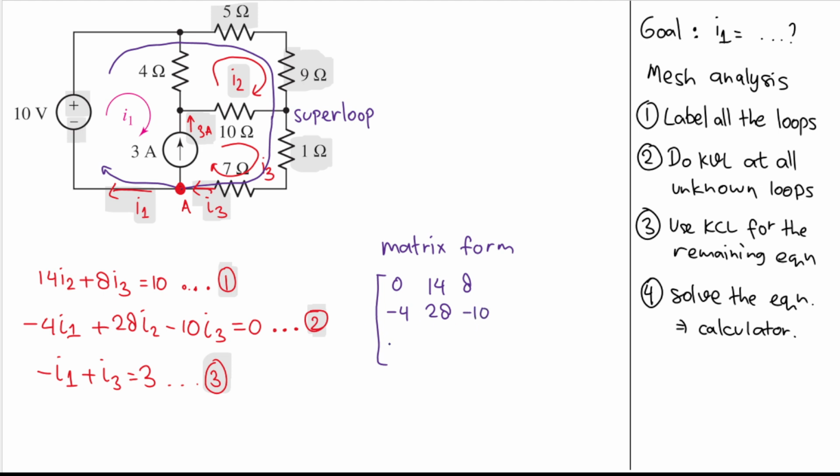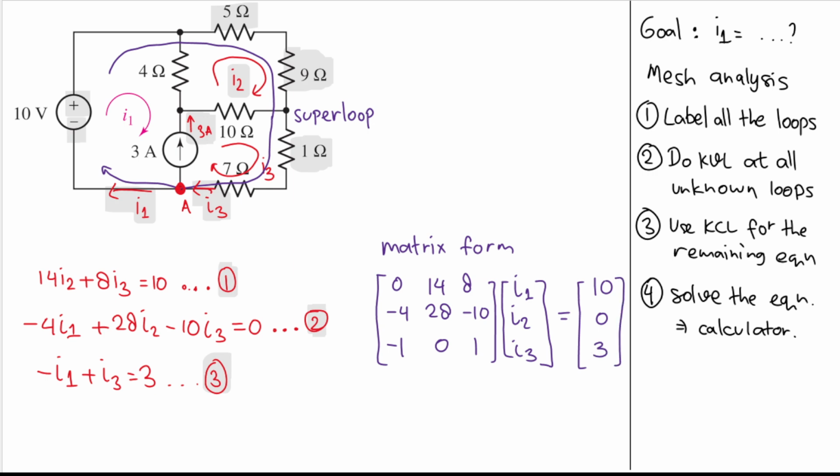And for the last row, we will have minus 1, 0, and 1. That needs to be multiplied by I1, I2, and I3. And all of that will equal 10, 0, and 3.